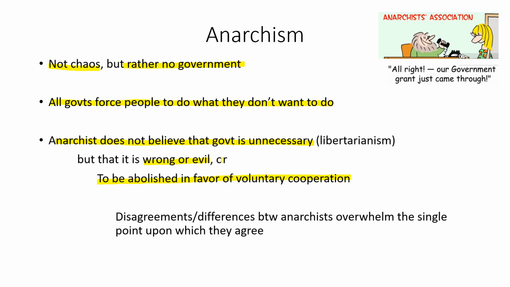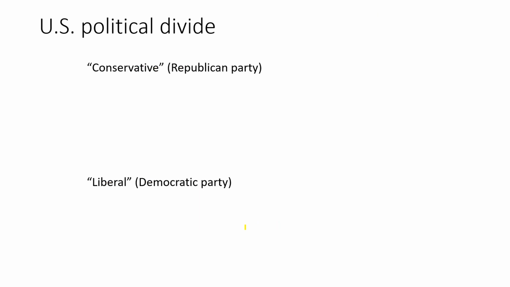That government exists for some very important reasons, been around for a long time, and human societies have been enormously successful as a result of that, and not the other way around. Now, the disagreements and differences between anarchists tend to overwhelm the single point upon which they agree, which is that we don't want government, but then there's all kinds of oppositions that pop up beyond that.